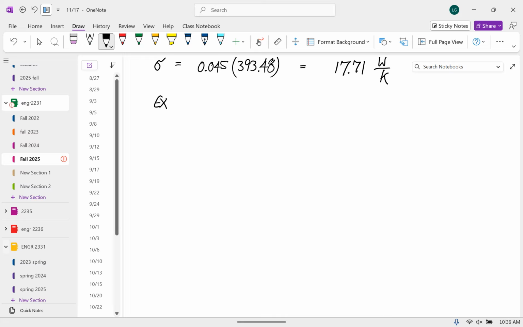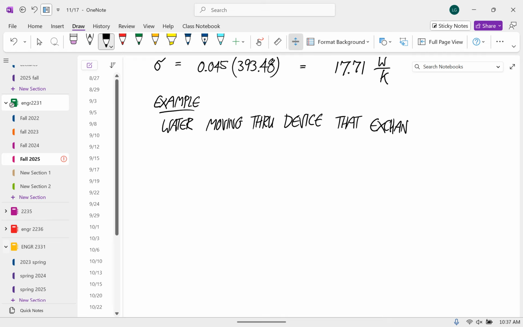Okay, so this example. We have water moving through a device that exchanges enthalpy change for fluid speed change.